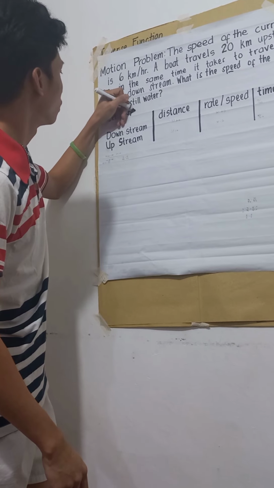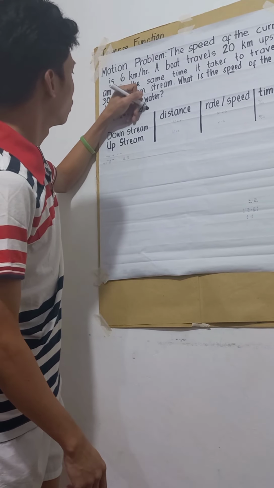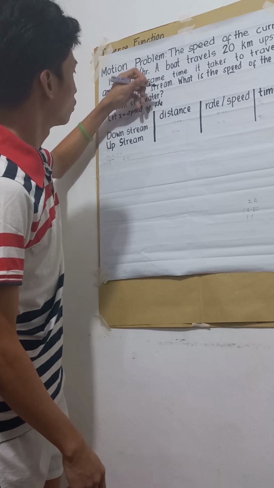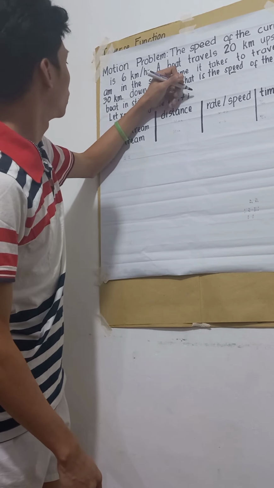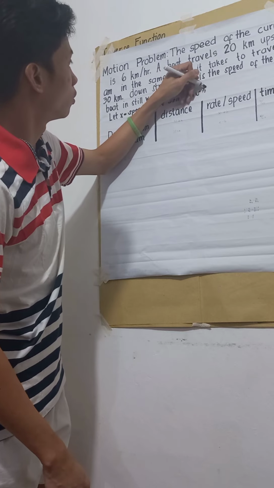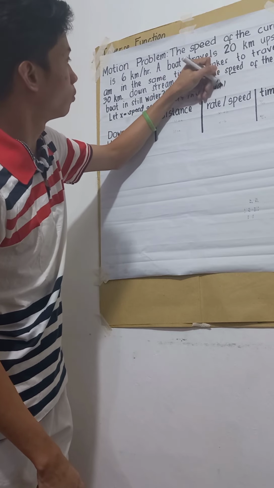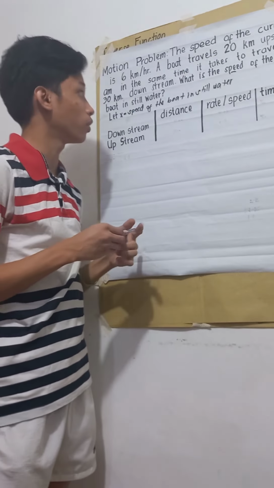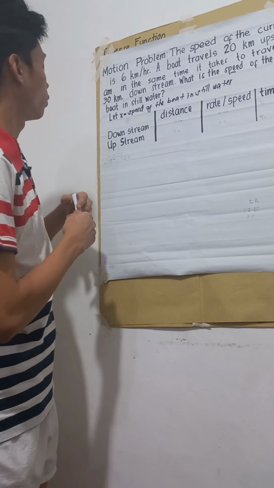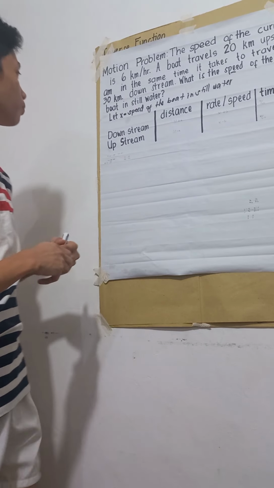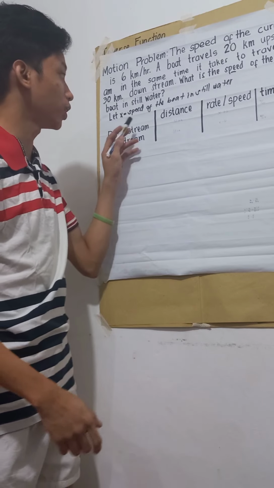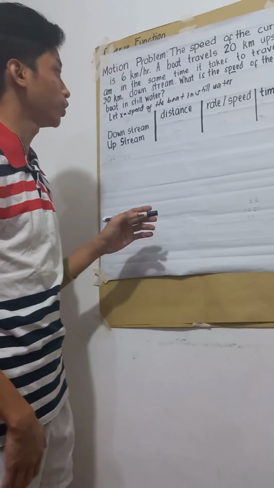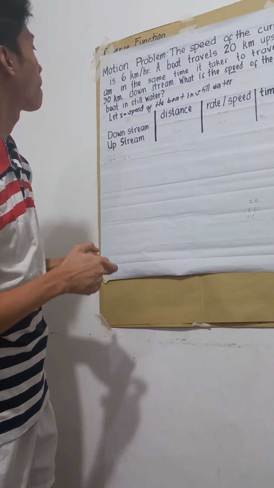Speed of the boat in still water. Because we don't know the value, let's just use x. Okay, we're going to make a table just to make it easier to calculate.